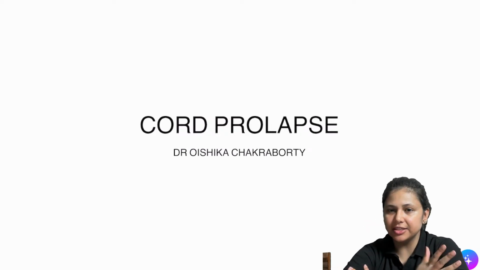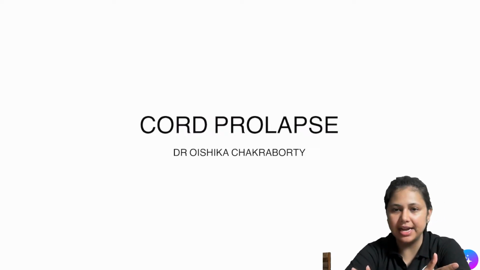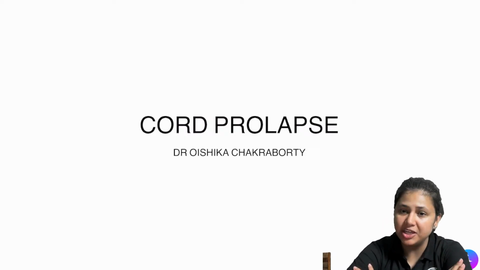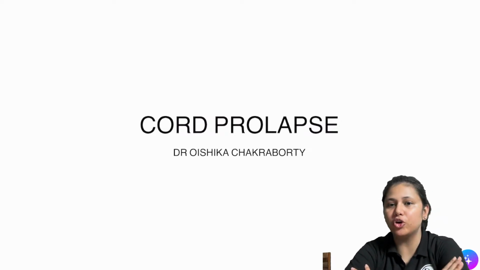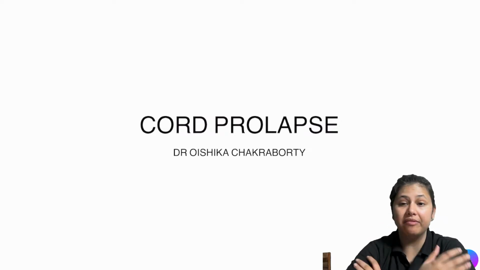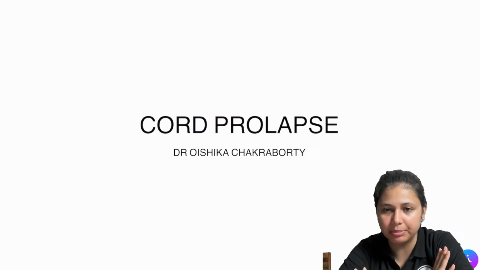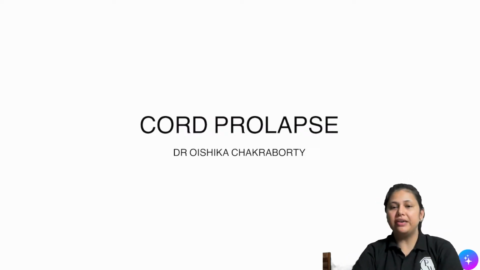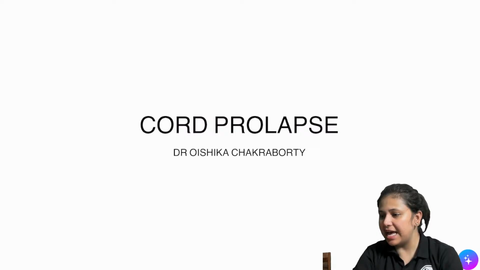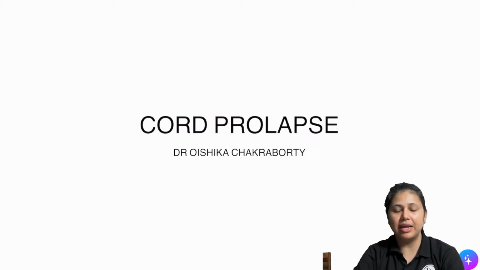Today's class is a continuation of whatever we have done in the last two, three classes, when we talked about breech presentation and transverse lie. Do you remember? In transverse, I told you there is no mechanism of labor.